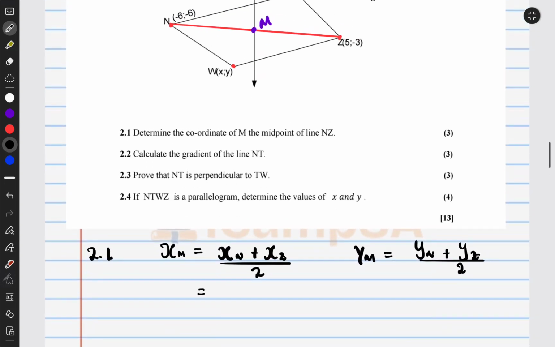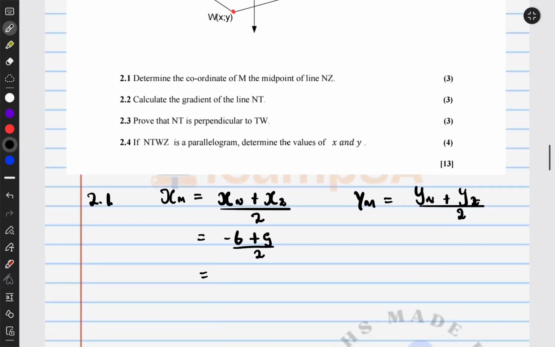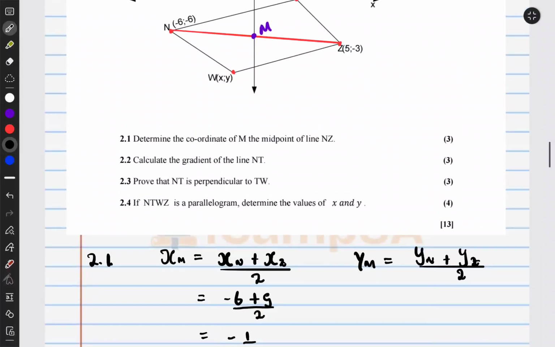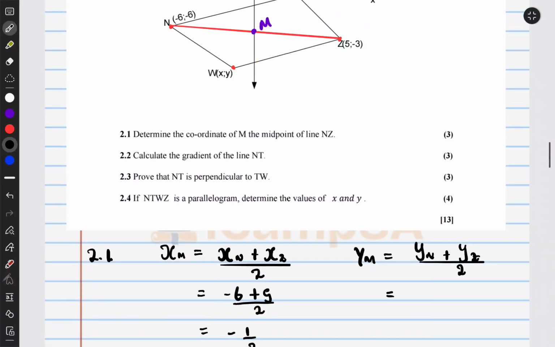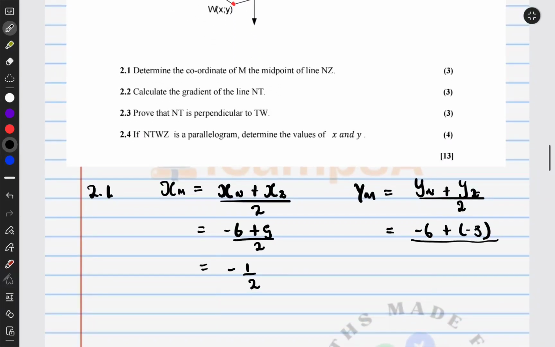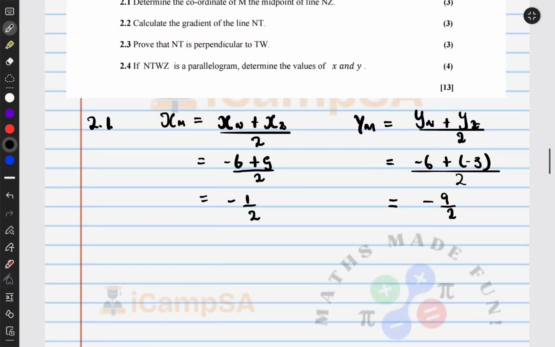Now let's plug in the values and solve. The x of N is -6 plus the x of Z is 5, divided by 2. This will be -1/2. And then the y of N is -6 plus the y of Z is -3, divided by 2. -6 minus 3 will be -9/2, like -4.5.